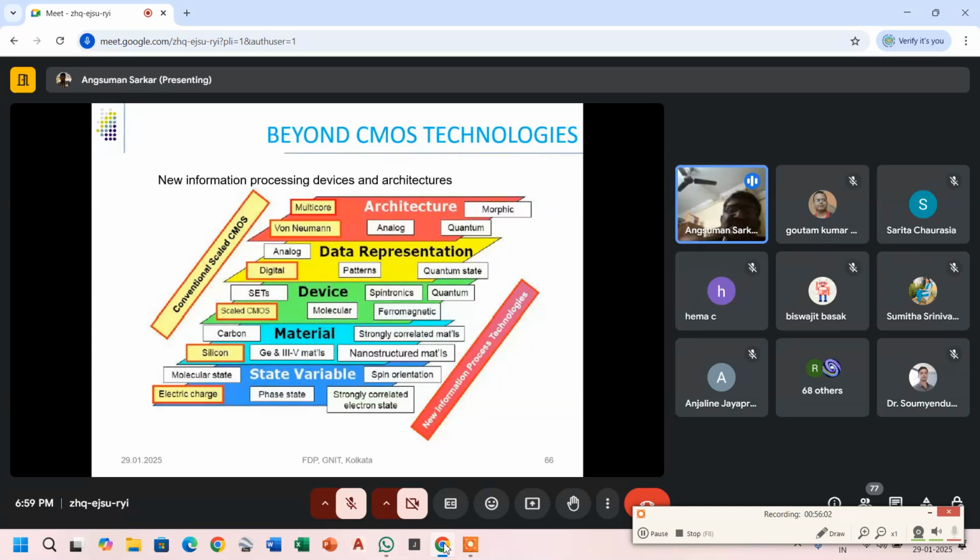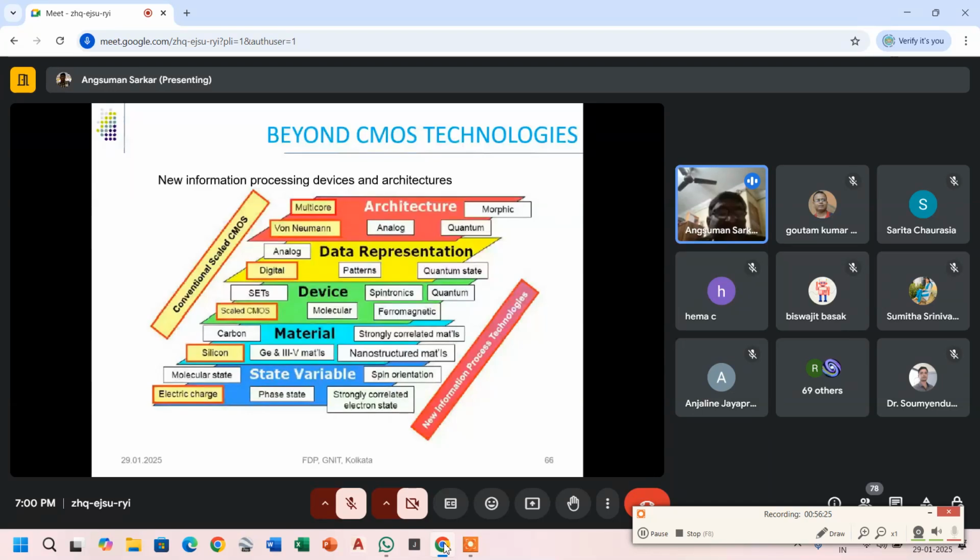Instead of normal scaled CMOS devices, we can rely on single electron transistors, quantum devices, spintronic devices or ferromagnetic devices. And material-wise, instead of silicon, we can use carbon, germanium, etc.